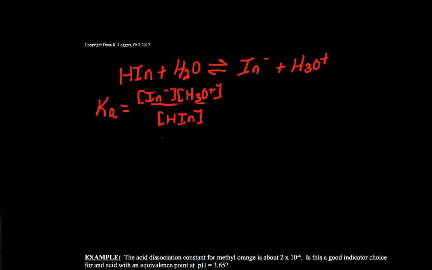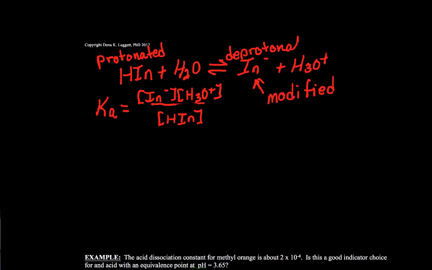Close enough isn't good enough. So this is the protonated form, and this is the deprotonated form, sometimes called the modified form. You should understand those terms. Protonated is with the proton, and this is the deprotonated form without the proton, or modified form.